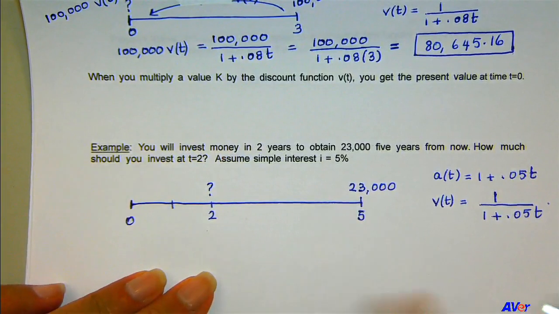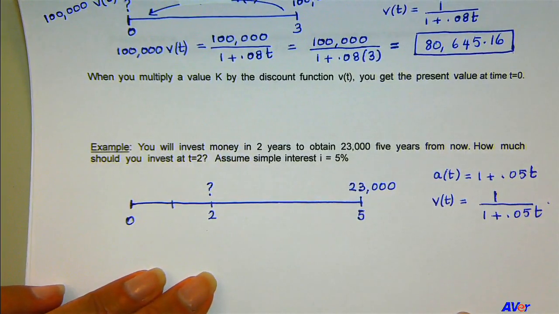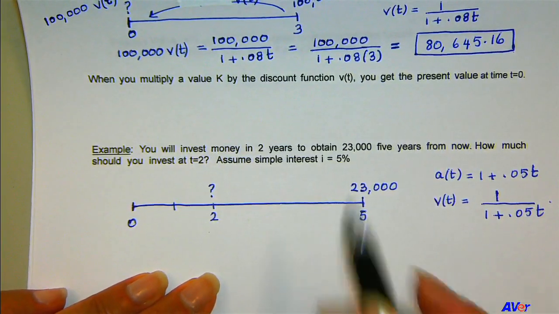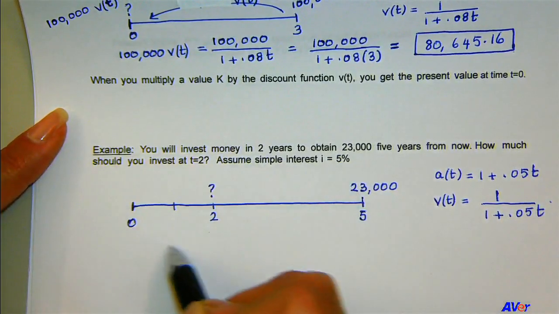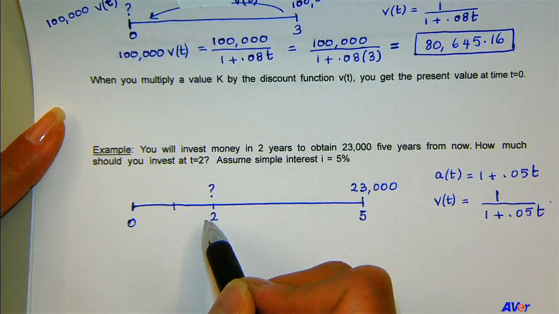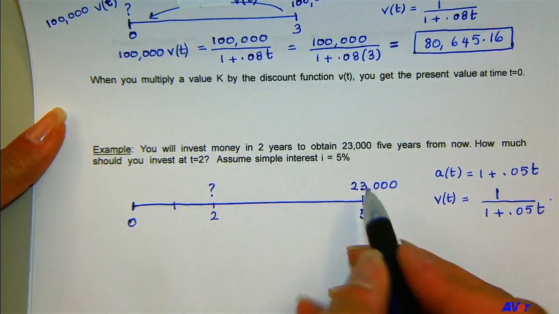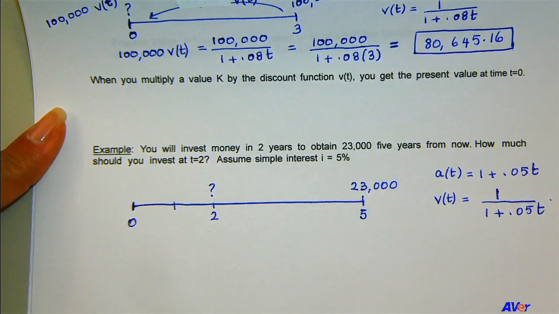Multiplying by V of 3 brings you backwards. So I'm asking you, why are you doing what you're doing, coming back to 0 and then growing it to time 2? Why can I not do 23,000 V of 3? What's wrong with that?